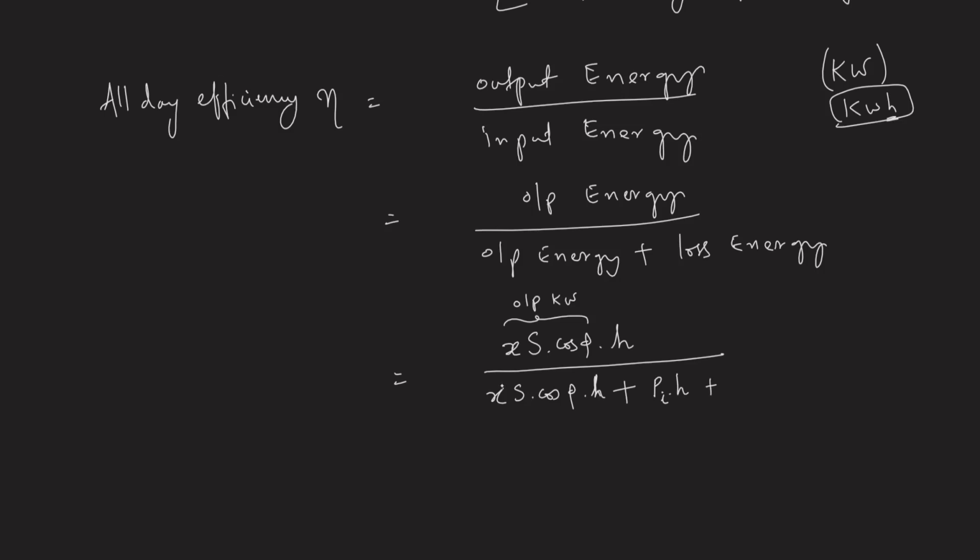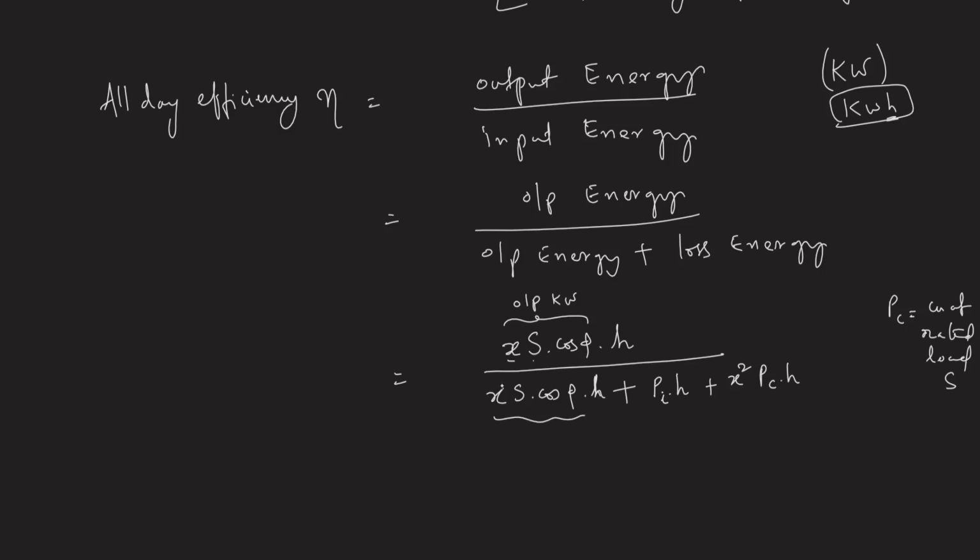If I say PC is the copper loss at rated load, then under loading condition x it will be x squared times PC in watts, multiplied by hours of operation, which gives energy.